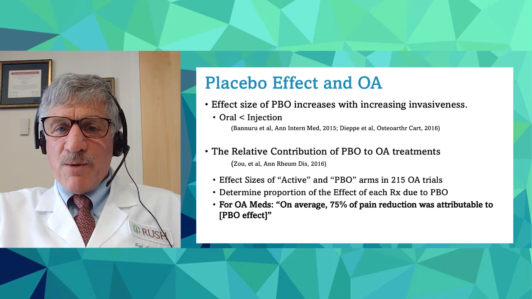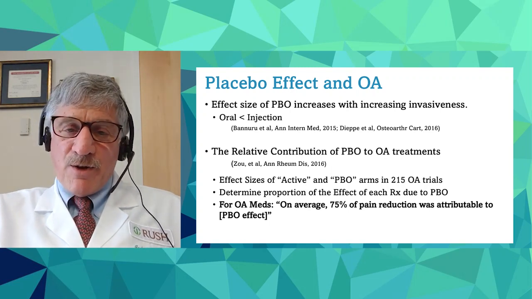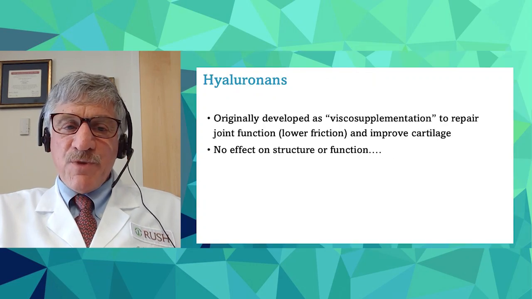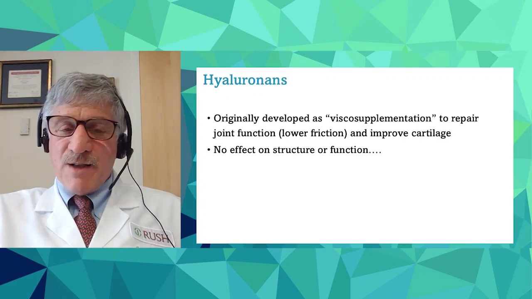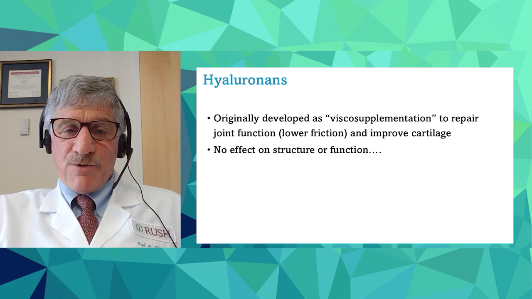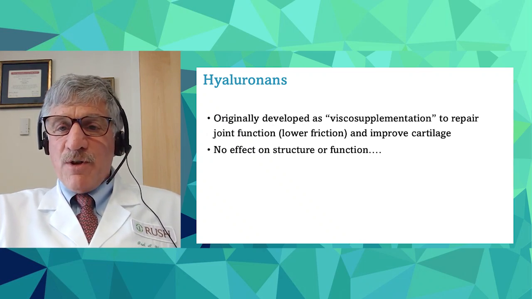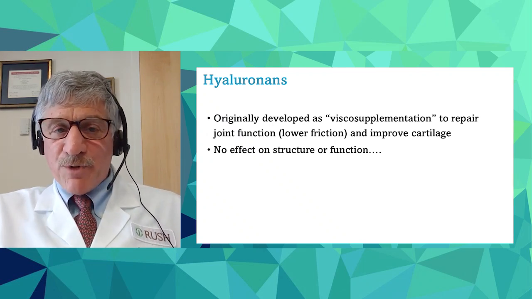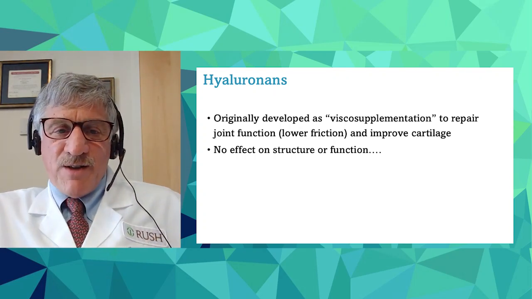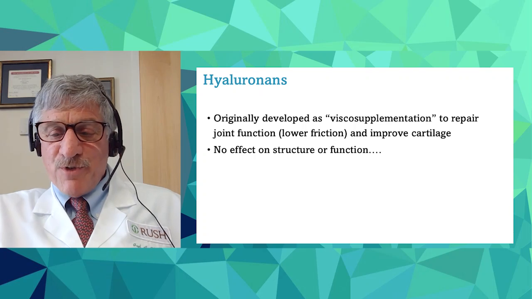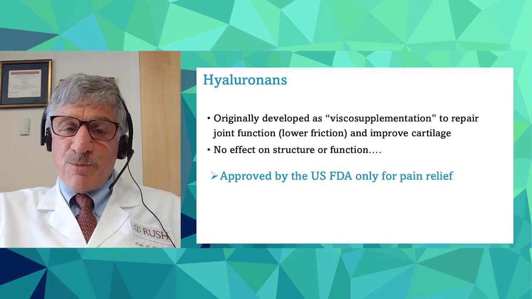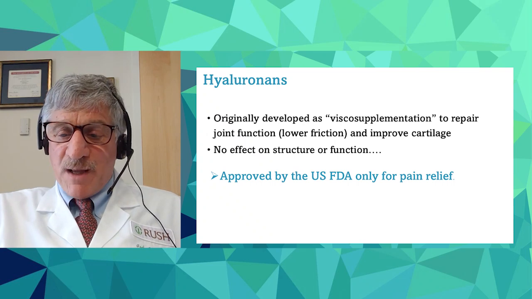It's really an important part of the treatment we're giving, and it also colors what our feeling is about some of our therapeutics. So coming back to hyaluronic acid, it was originally developed as a viscosupplementation to repair joint function and improve cartilage. Almost all of these novel therapies were originally developed to improve cartilage, and yet it was found to have absolutely no effect on structure or function within the joint, and it was ultimately approved by the US FDA only for pain relief.